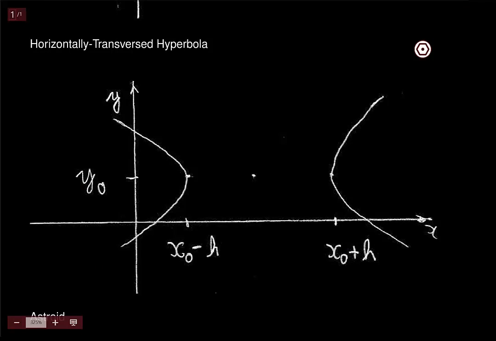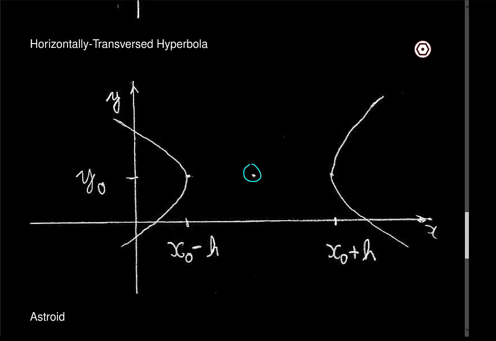We also will recall the hyperbola. In this case, it's a horizontally transverse hyperbola, and so it opens to the left and to the right. Again, this has the center point here, which is x0 and y0. This is not so important for us, but the important thing is that we remember what a hyperbola is.